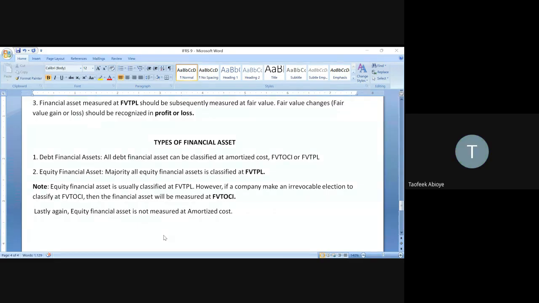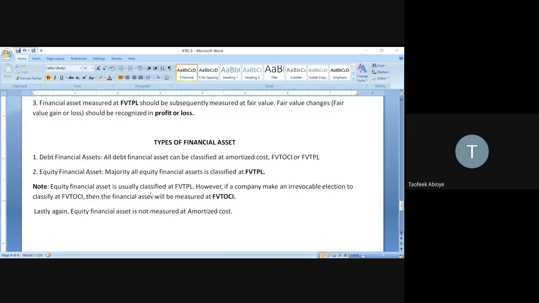Okay. So equity financial assets are classified as P or L normally. However, there are some times and there are some questions. A company can make an irrevocable election according to accounting policy that this financial asset, we want to classify it as OCI.